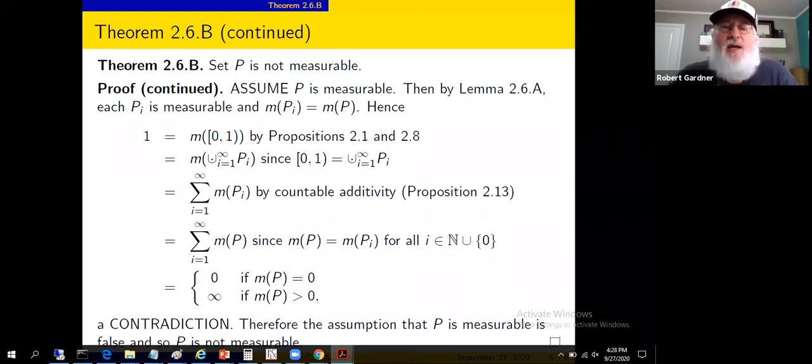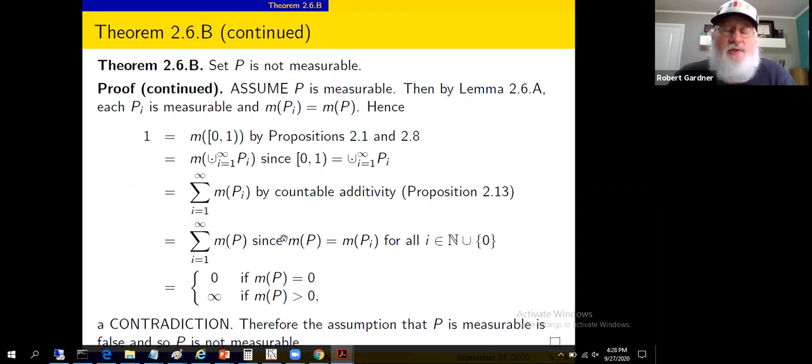Suppose I used the outer measure then. Where do things change? Right here. We'd have to use subadditivity if we address this with outer measure. We'd pick a less than or equal to up there, and you'd get an infinity down here. If the outer measure of p equals 0, then p is measurable. We just showed it isn't.